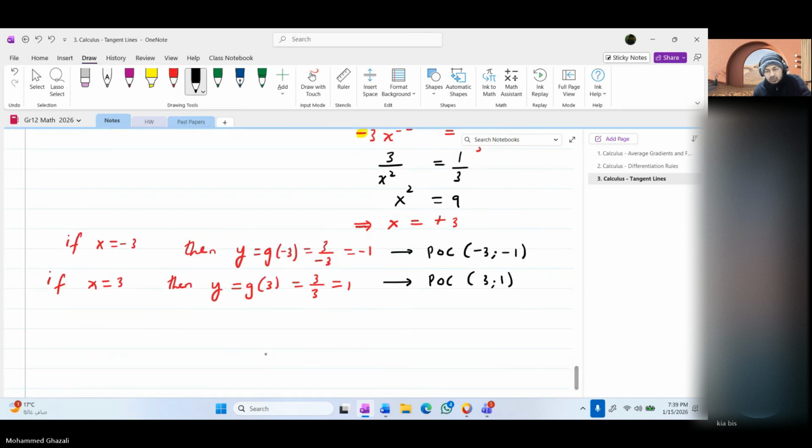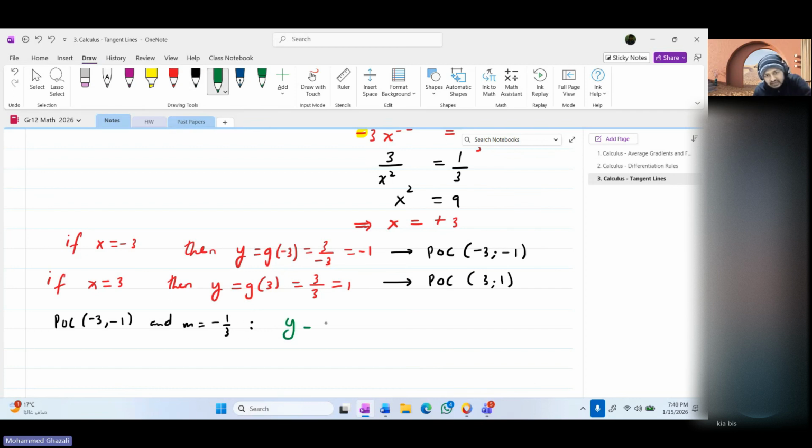So for the first one, point of contact, POC, which is -3 and -1, and a gradient of -1/3, we can find the equation.